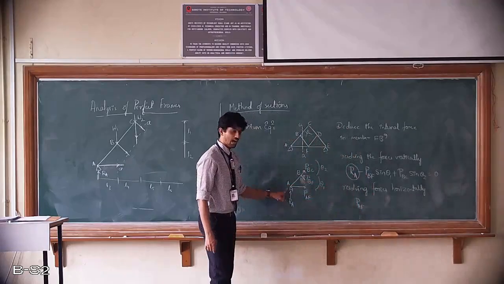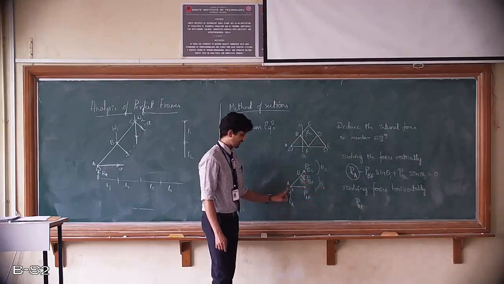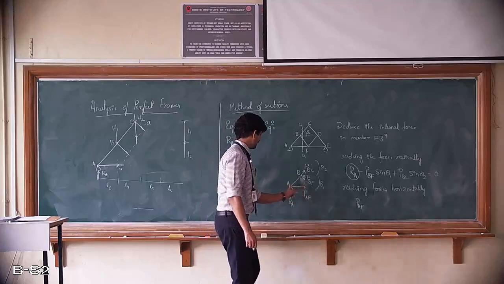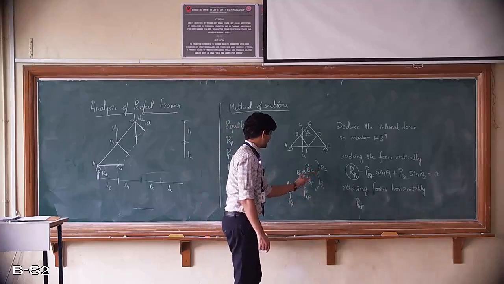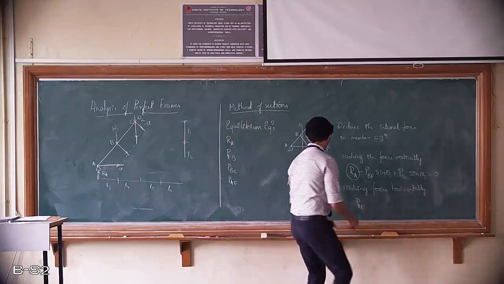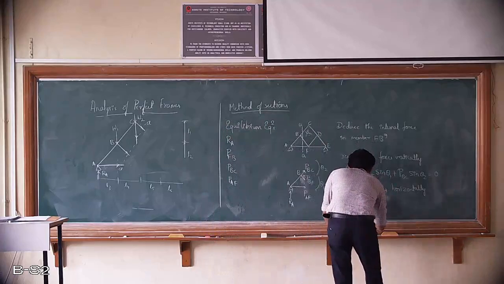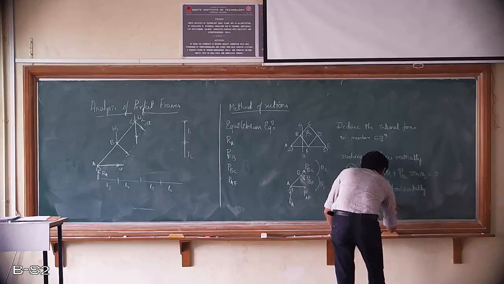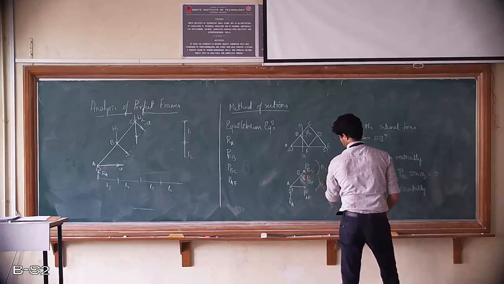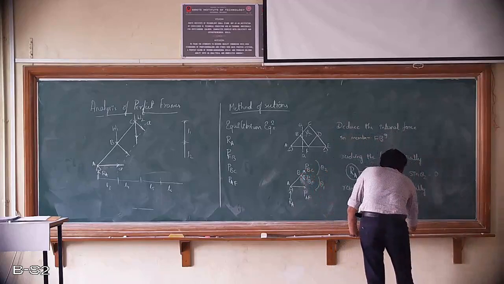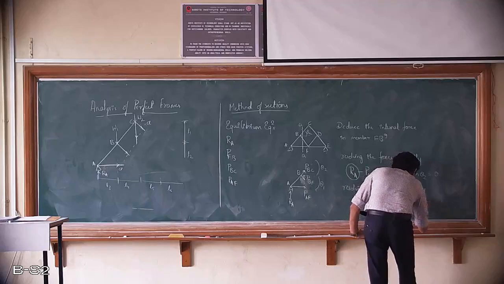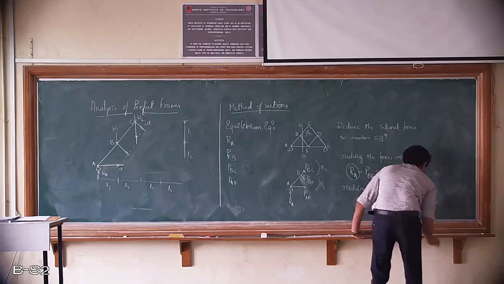We cannot consider RA because it is acting in the vertical direction. So PAF is positive. Then we need to consider PBC, which is again positive, so plus PBC cos theta 2, plus PFB or PBF cos theta 1, which should be equal to 0.